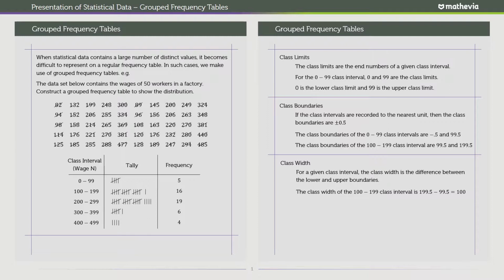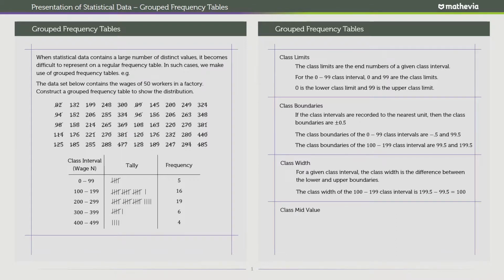Usually the class width is the same as working the same thing on the class limits. So you can do it on the class boundaries or on the class limits, but the best way to describe it is the gap, the difference between the two boundaries. Think of it in that manner.